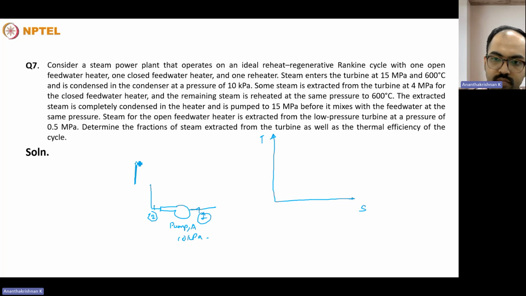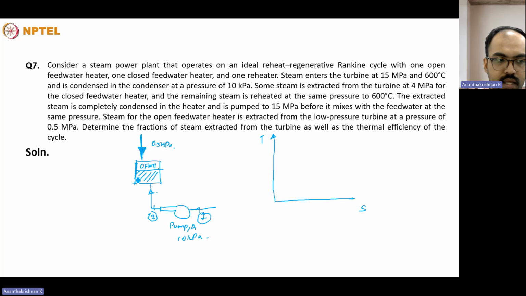So this is the open feed water heater, and this will be mixing with a low pressure steam extracted at 0.5 megapascal. We do not know that point particularly right now, so we'll leave it there itself.